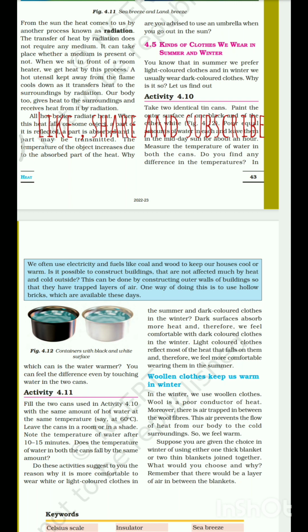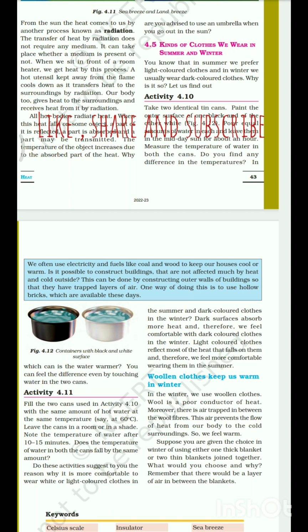The kind of clothes we wear in summer and winter also matters. You can often see that people wear light colored clothes in the summer because light colored clothes reflect most of the heat that falls on them, so we would not get so much heat, our body temperature does not rise, and we can become cool.